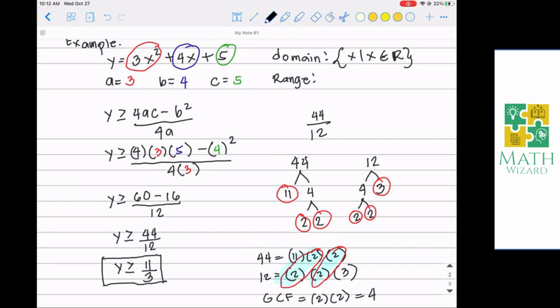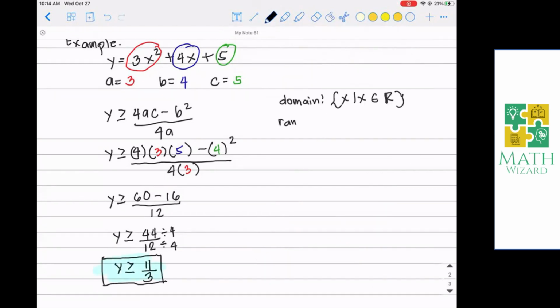Dividing 44 by 4 and 12 by 4, we come up with 11 over 3. Our range would be y such that y is a set of real numbers, but y is greater than or equal to 11 over 3.